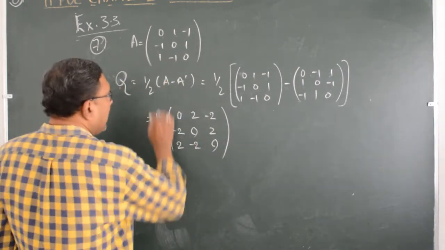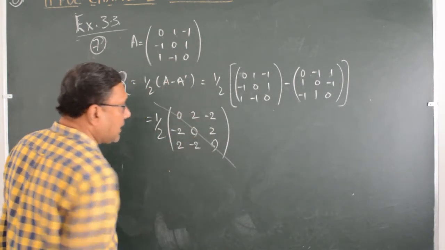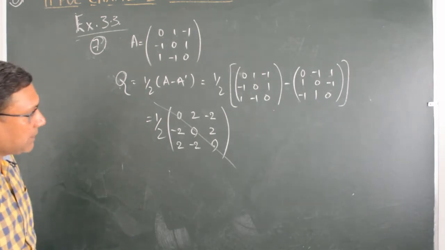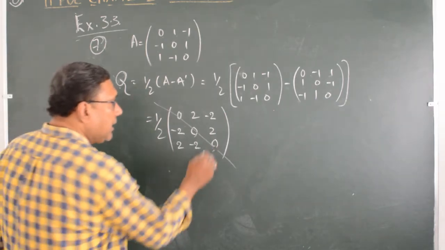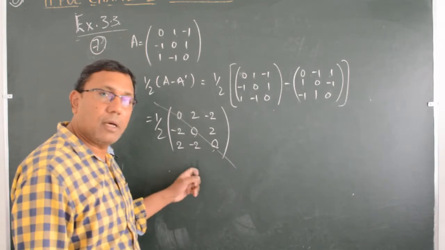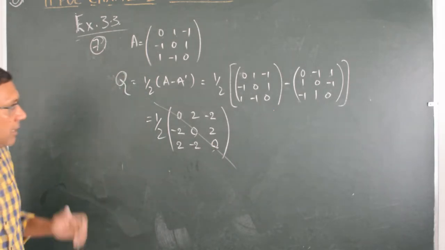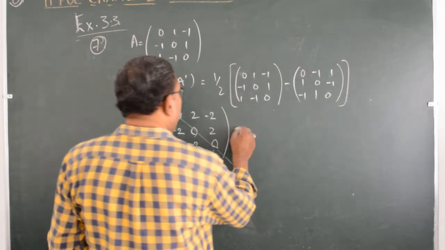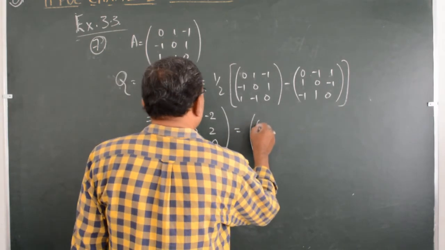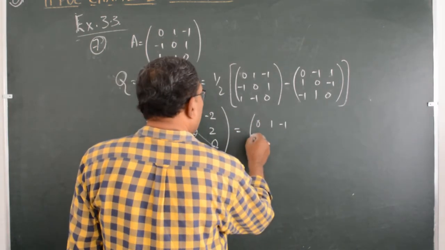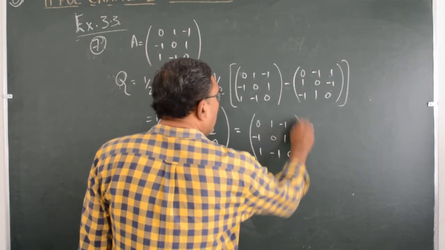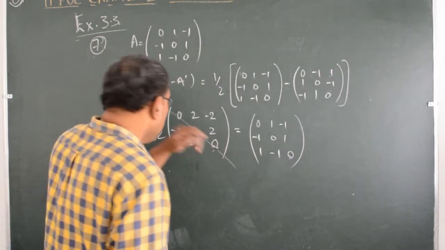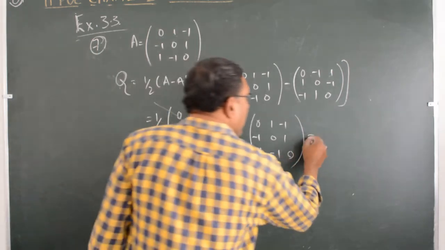Please understand, whenever we are discussing a skew symmetric matrix, diagonal entries should always be 0. That means you are going in the right direction. I will take half inside, then what happens? 0, 1, minus 1; minus 1, 0, 1; 1, minus 1, 0. This is my Q.